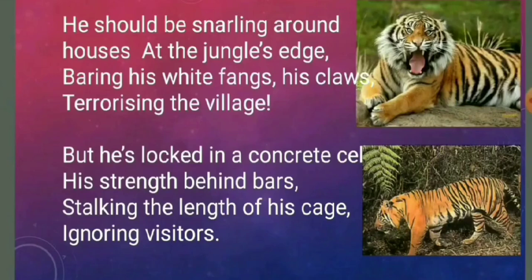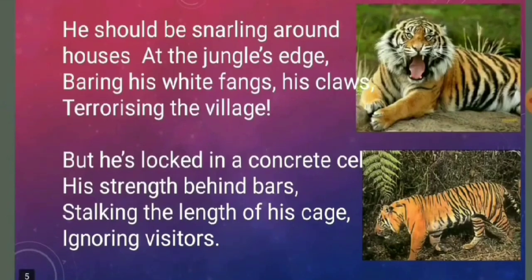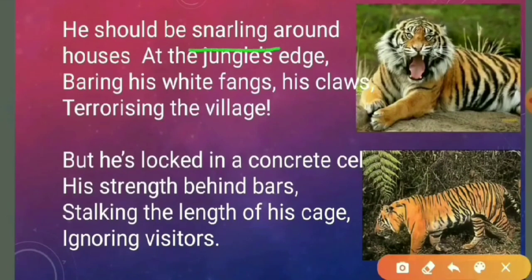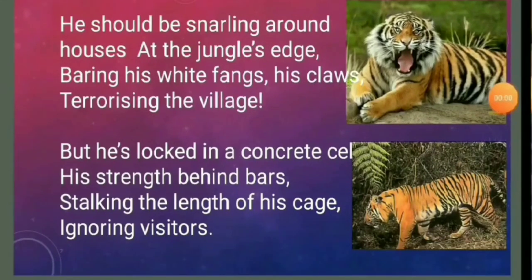After reading that word, we can feel or listen to that sound, that is onomatopoeia, and that word is snarling. Snarling gives the effect of sound, it is onomatopoeia. So this is about the poetic devices in the third stanza.